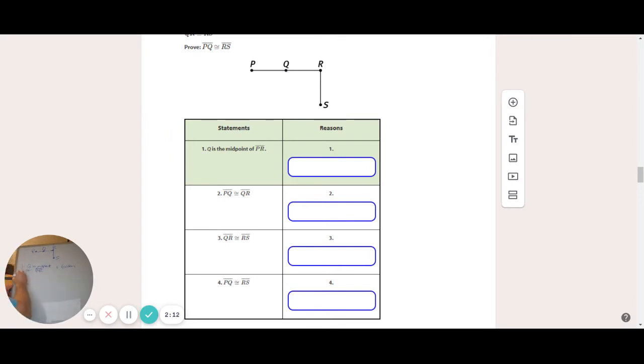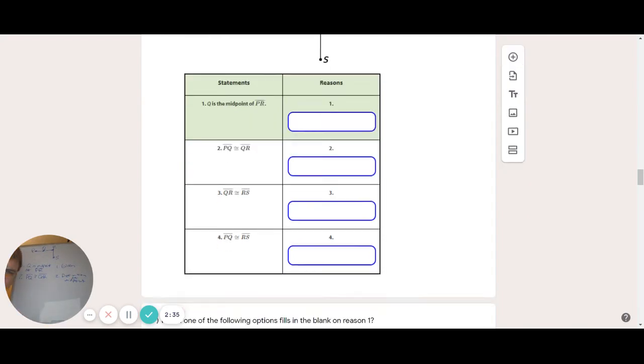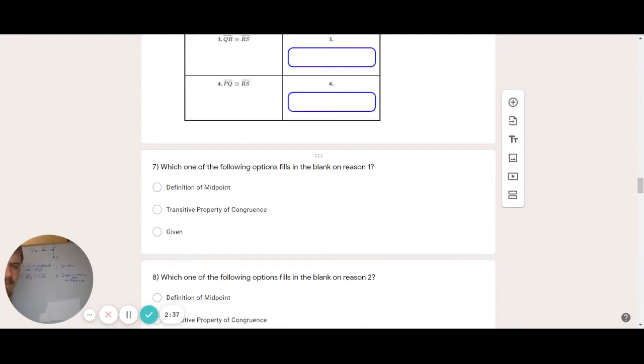So we can say that PQ is congruent to QR. And how can we say that? Because that's the definition of midpoint. I think I'm writing it the way that definition of midpoint.